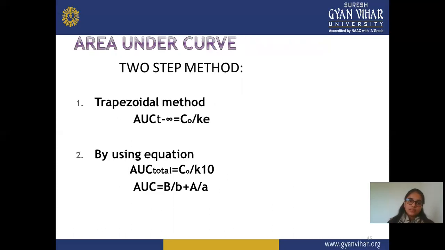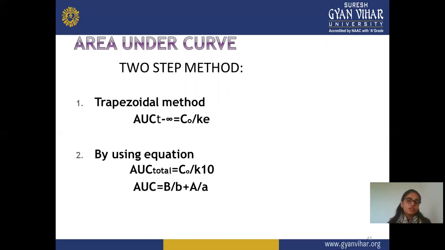Next is area under the curve. Two methods are involved in calculating the area under the curve, or AUC value. Both methods are good and give good results. The first method is the trapezoidal method, and the second is by using an equation. In the trapezoidal method, we use a graph, and with the help of that graph we check the area under the curve value.